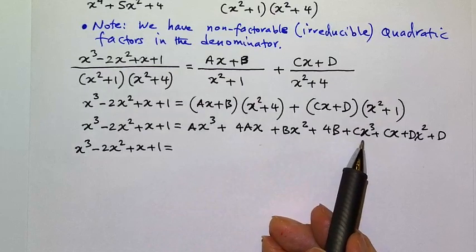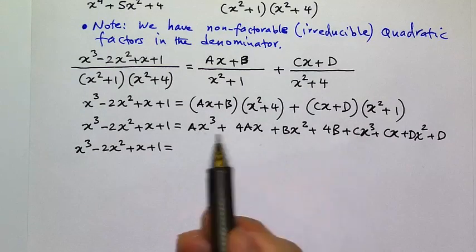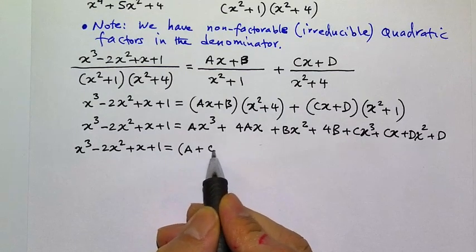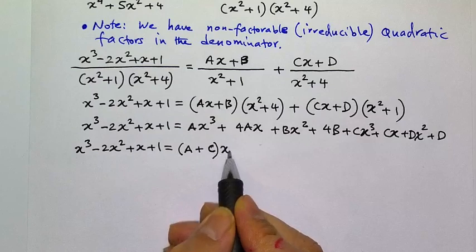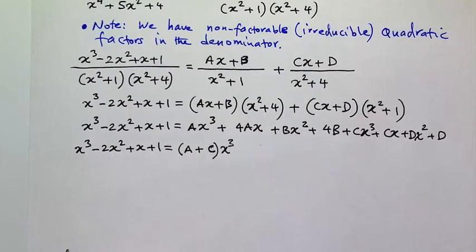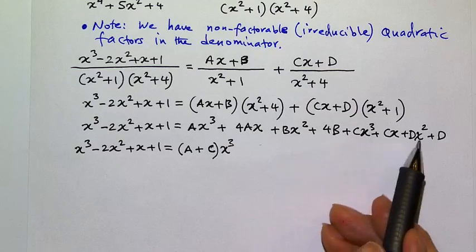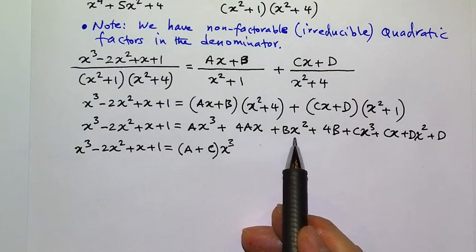So do we have x cubed terms? We have two of them, right? This one and that one. So we factor x cubed, we end up with a plus c times x cubed. Do we have x squared? Yes, we do. We have this term and that term, so b plus d.